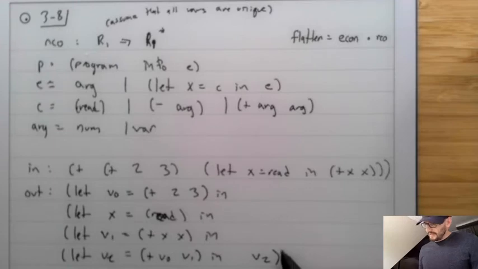Close the bottom let, next let, next let, next let, next let. So this right here is going to be the output of this program.